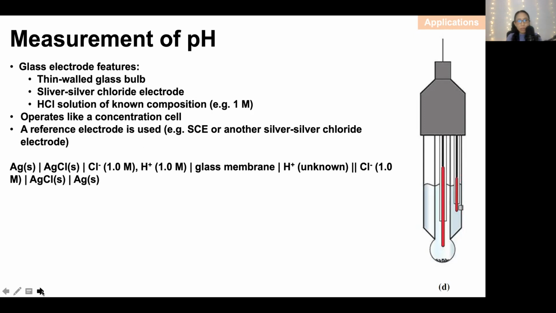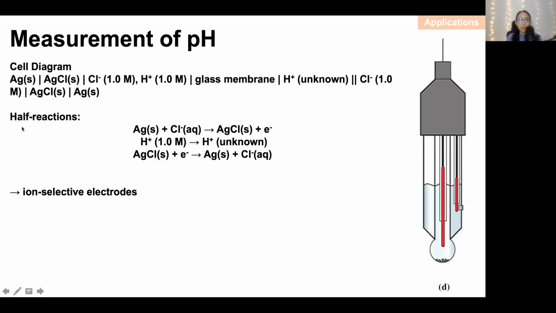So what are the reactions taking place? Here are the half reactions. You have the oxidation of silver. Your solid silver loses 1 electron, so it forms solid silver chloride. That is what is happening in the anode. But in the cathode, the reverse reaction takes place. So you have solid silver chloride getting reduced to solid silver and chloride ions. So these two reactions will just cancel out.